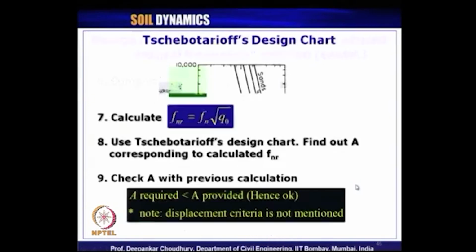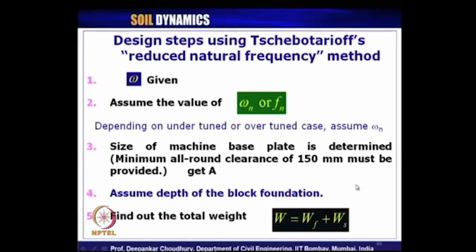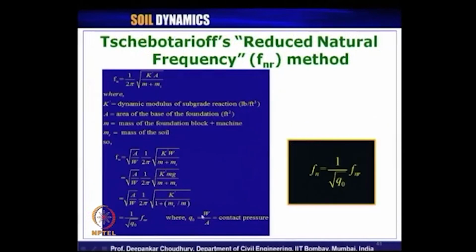Let us go back to the equation, you will easily understand why the unit of FNR is so. What is the unit of Fn? CPM. So, the unit of root over Q naught. What is root over Q naught? Ton per feet square under root. So, obviously, root of ton by feet, right.